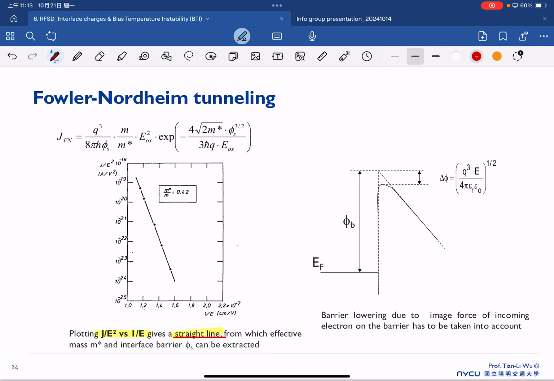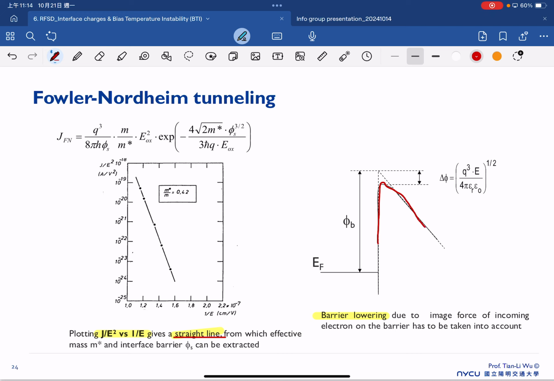And also in the junction, we have the issue of what we call the barrier lowering effect. If you're not familiar with barrier lowering, then you have to look at the semiconductor physics book. There's one specific chapter talking about barrier lowering. So once we have the barrier lowering effect, that means the barrier becomes lower at this point.